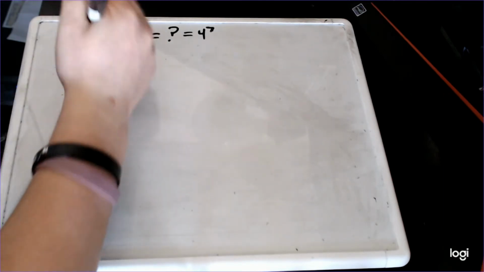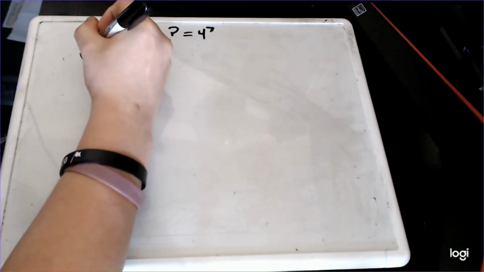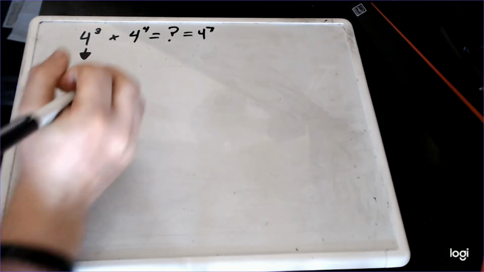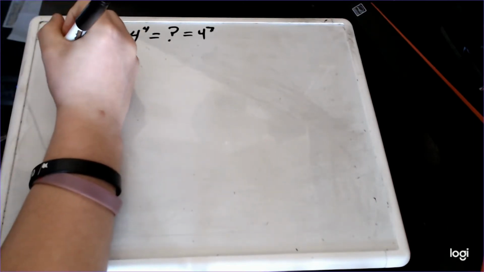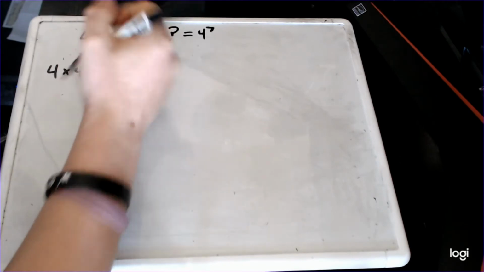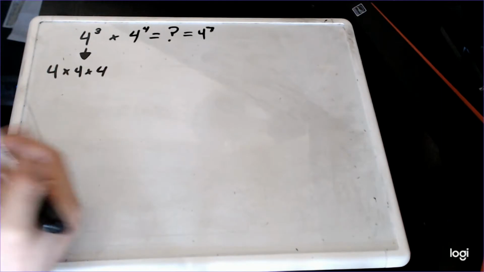Well, let's do this. Let's write this in expanded form. So we're going to do the opposite of what we did with our last examples. So this is 4 times 4 times 4. 4 is our base. 4 3 times, because we have a 3 up there. Excellent.